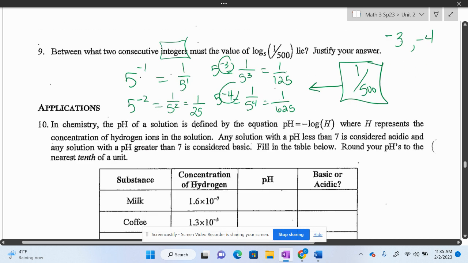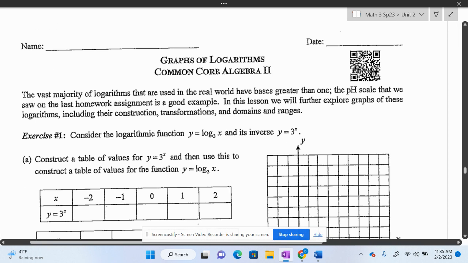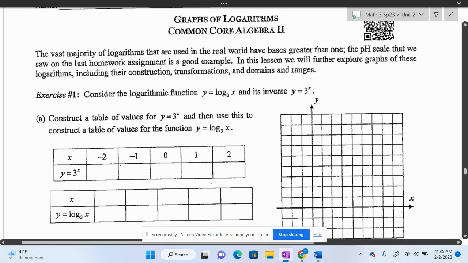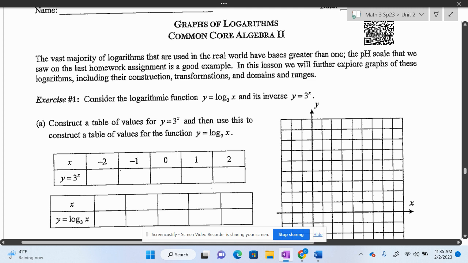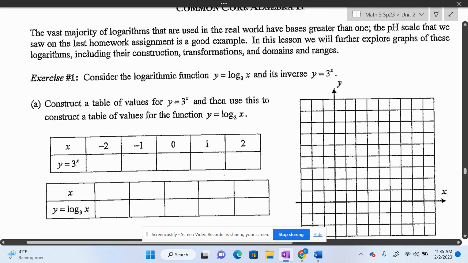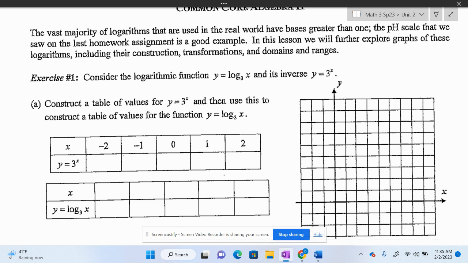Okay, good question. All right, so much like when we first started the introduction to logarithms, we're just going to start by making a graph. So we're going to graph y equals 3 to the power of x. So when x is -2, 3 to the -2 power is the same thing as 1 over 3 squared, or 1 over 9.